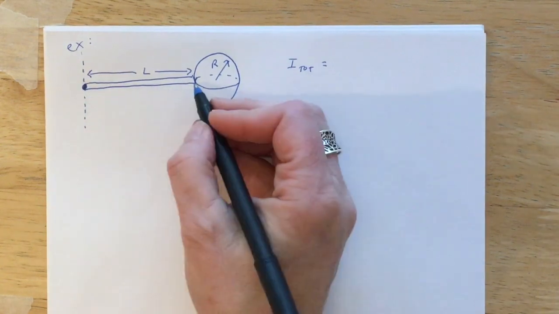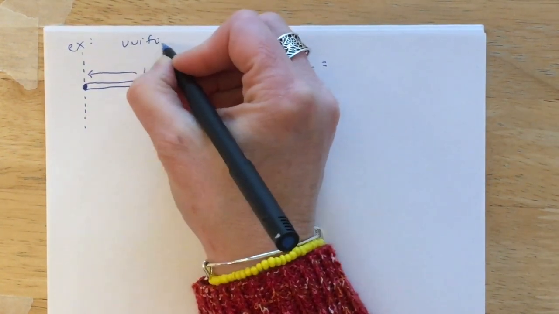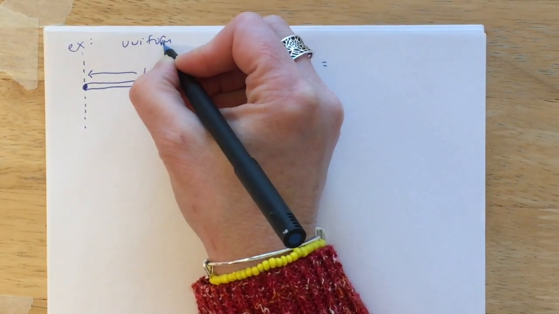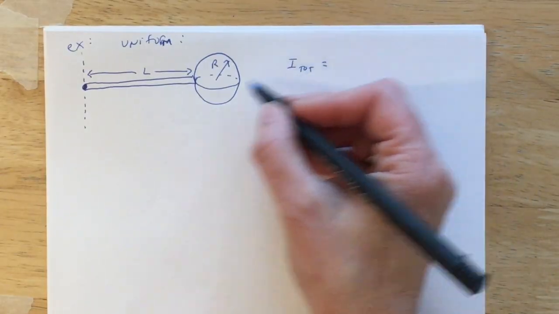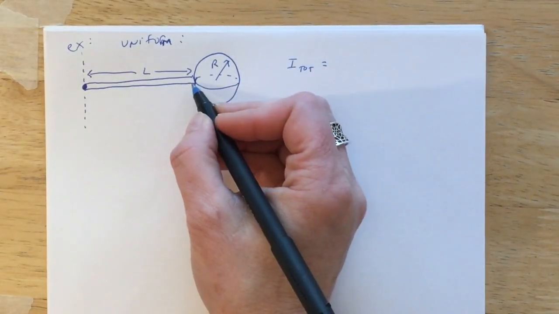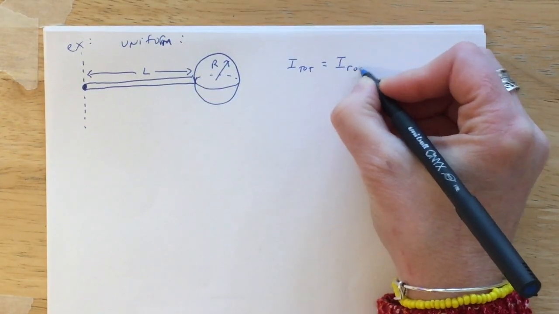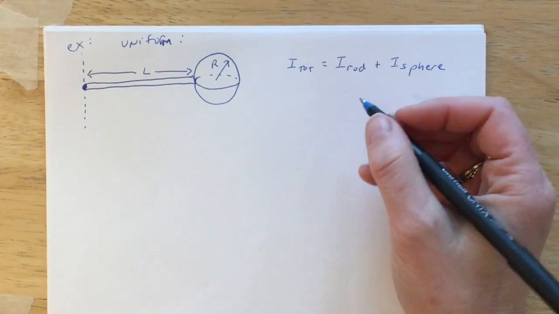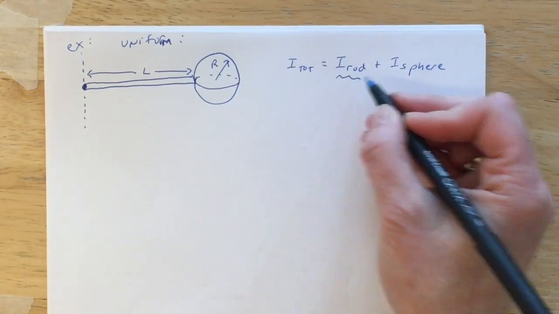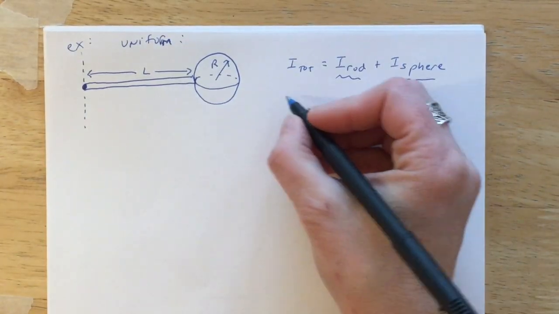We have the sphere and we have this rod. So if they were both uniform objects, then the total moment of inertia will be the moment of inertia of the rod plus the moment of inertia of the sphere. So I'll just call that I rod plus I sphere. And so we have to just find each of these individually in order to get the main thing.